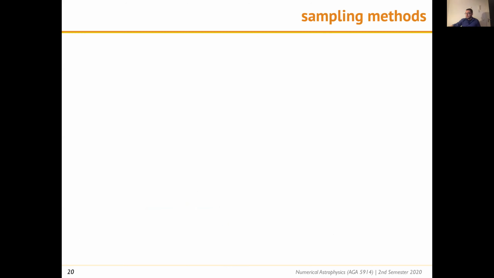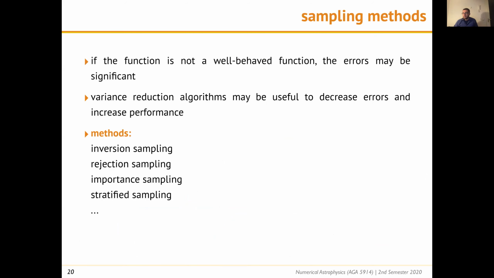Now we'll move on to the sampling methods. There are cases in which the function is not well behaved and there are many errors, so we have different methods. The easiest one actually is inversion sampling, which is based on the mathematical formalism that I've shown you a couple of slides ago.